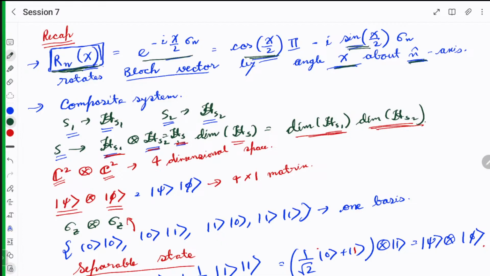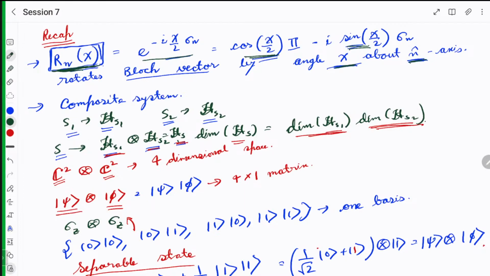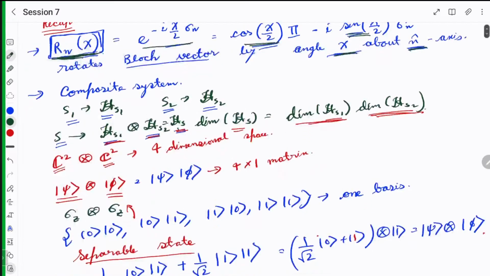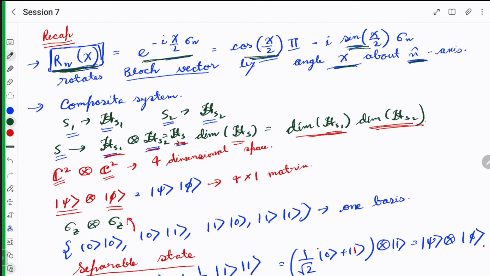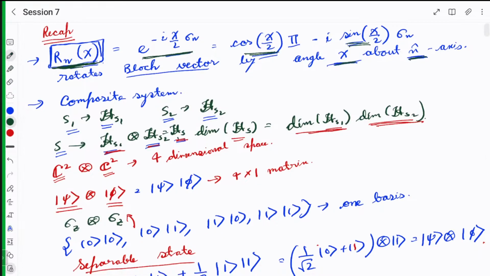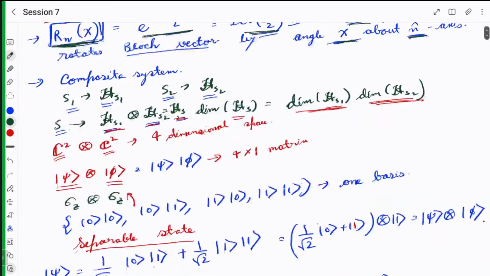Here we had seen that this is the general quantum gate, and we had derived it from the concept of generating functions in quantum mechanics. We also looked at the concept of composite systems.